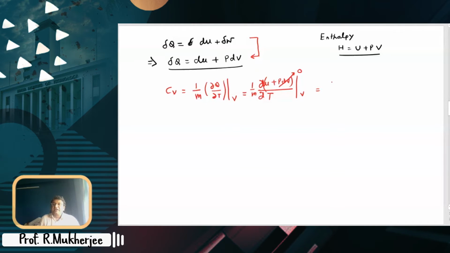So you can write it as dU/dT or whatever you want to do, and that's what you have as the definition of CV.